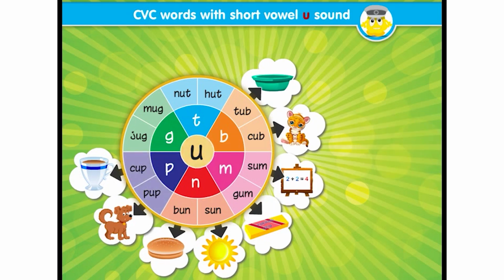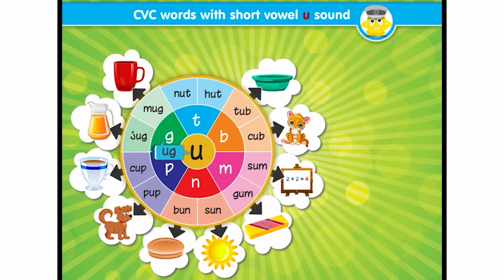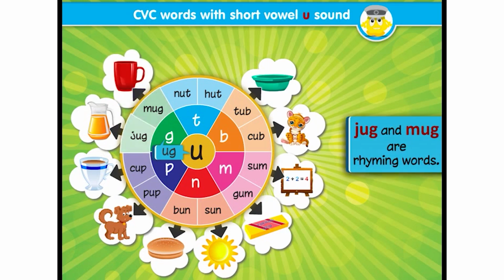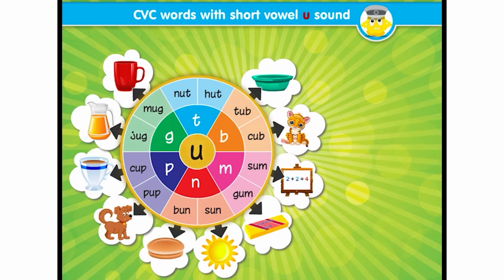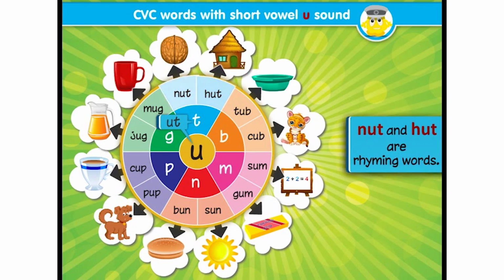U and G makes ug, as in jug and mug. Jug and mug are rhyming words. U and T makes ut, as in nut and hut. Nut and hut are rhyming words.